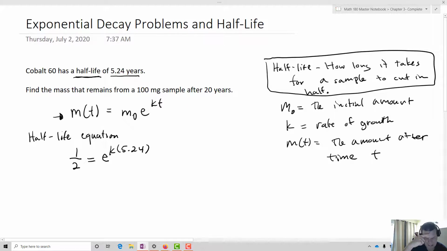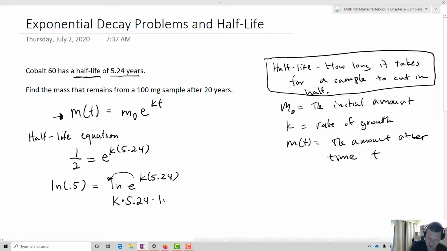Now we need to solve for k, so we use our natural log. The natural log of 0.5 equals the natural log of e to the k times 5.24. We'll move the k out using our rules of logarithms, so that gives me k times 5.24 times natural log of e equals the natural log of 0.5.